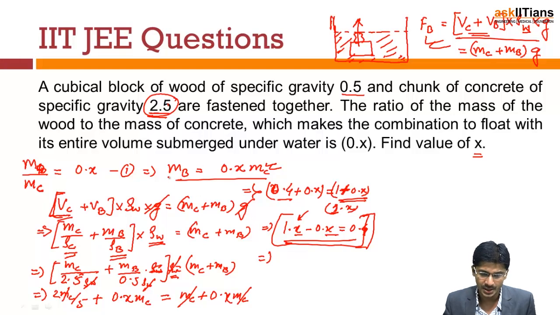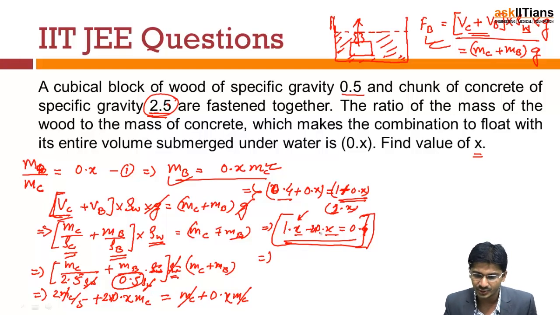Okay, mass of B was 0.x times mass of C. Put the value, we have missed the value somewhere. Mass of C by 2.5, it's 5 by 2, so it's 0.4 times mass of C. Okay, see, this is not 0.x, this was 0.5, right? 0.5 means this is twice of 0.x, okay?